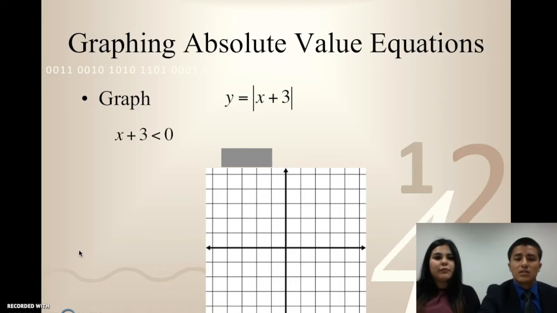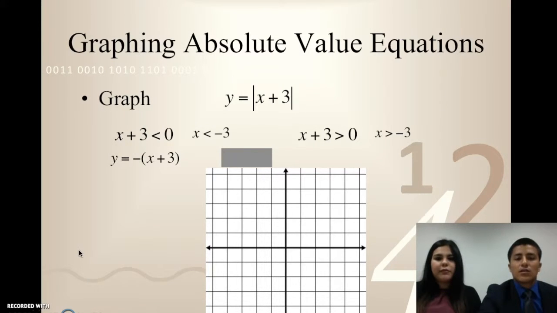So same as the equations, we want to split it into two different equations. X plus 3 when it is less than 0 and x plus 3 when it's greater than 0, or positive and negative. So when we solve for these inequalities, we get x is less than negative 3 and x is greater than negative 3.